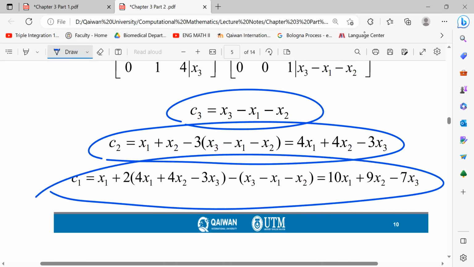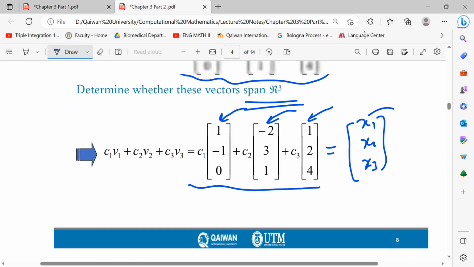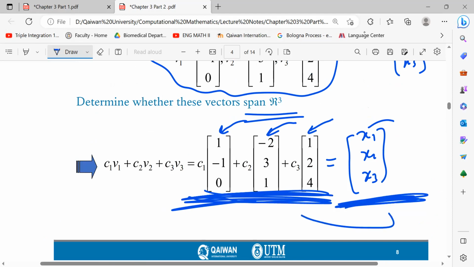If you give any value to x1, x2, x3, you get a value for c1, a value for c2, and a value for c3. So you could write this vector as a linear combination of these 3 vectors.